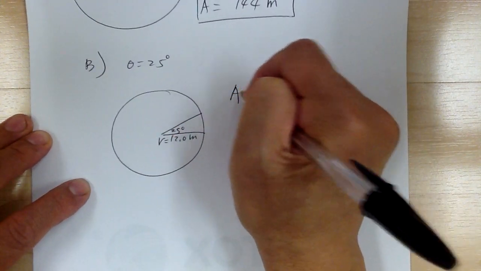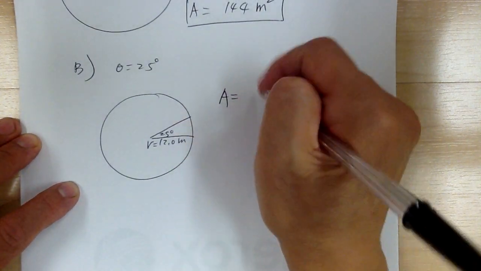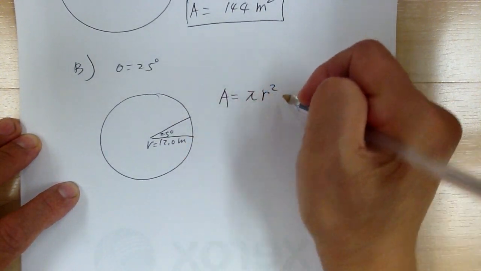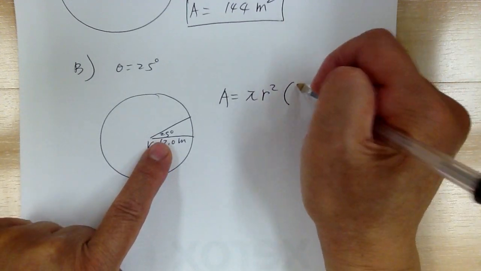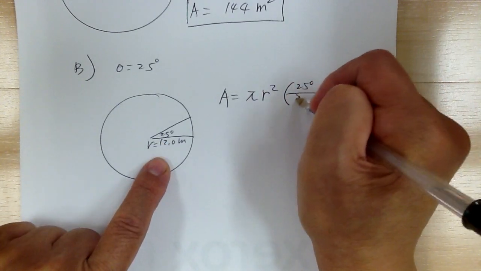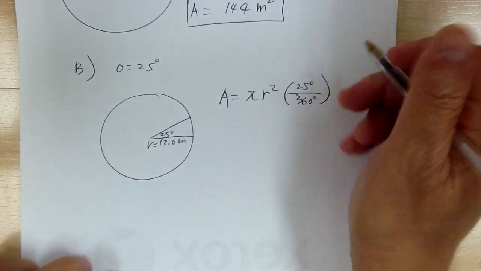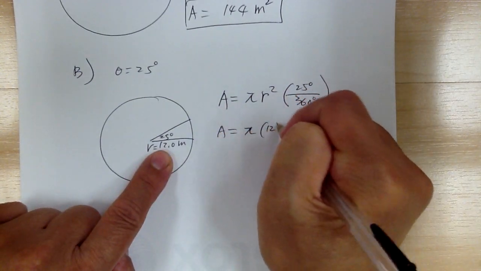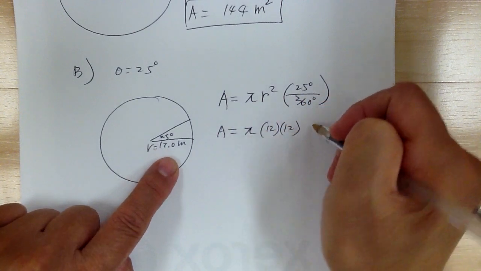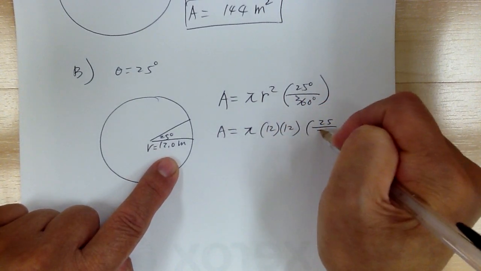Again, write down your formula. Always write down your formula, and then you can substitute later on. This is 25 degrees out of 360 degrees. So you can substitute pi, the radius is 12. Again, I'm going to write it out twice so I can do some cancellations.